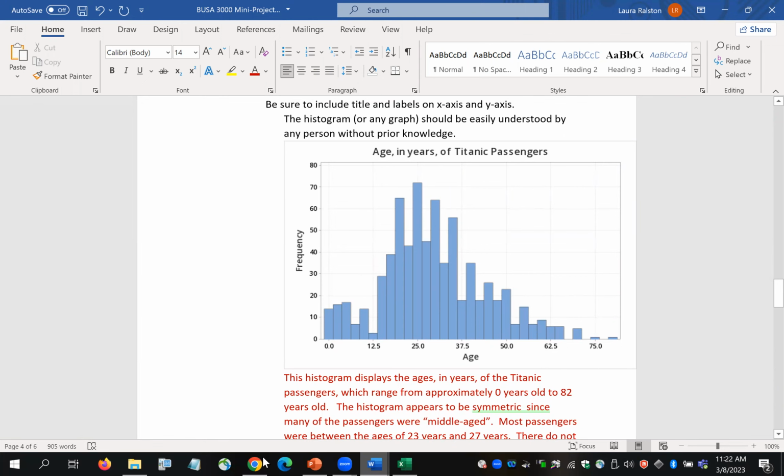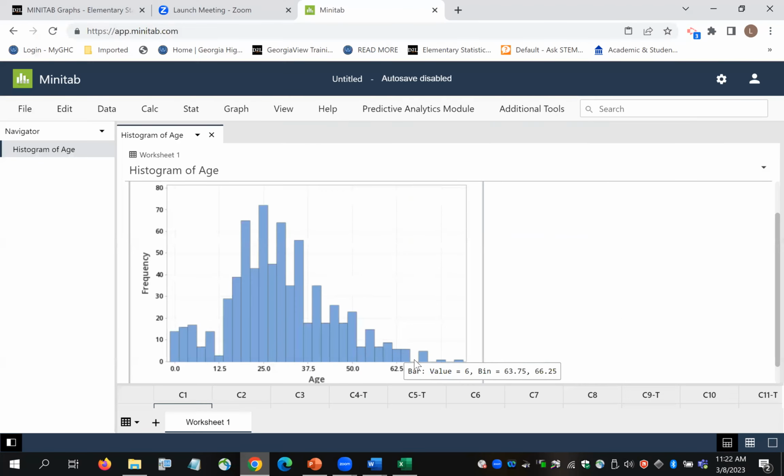If I come over again, this bar between 66 and 68 would be 0, but I still have a few out here, up to 81, 82. But it doesn't really seem like there are any outliers because there's not like a huge gap or break in there.